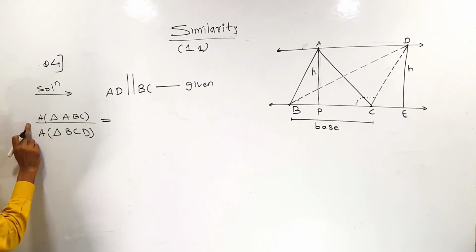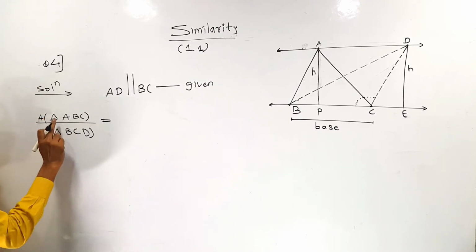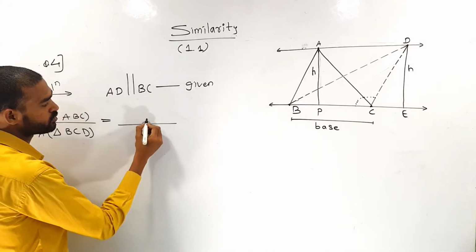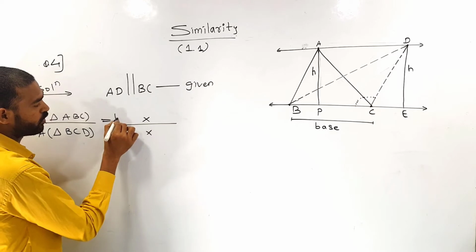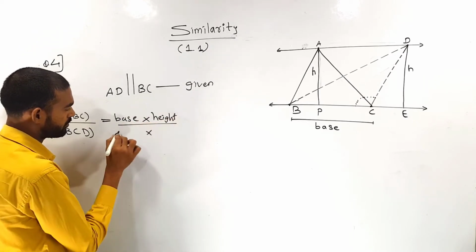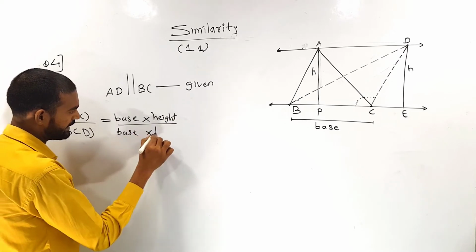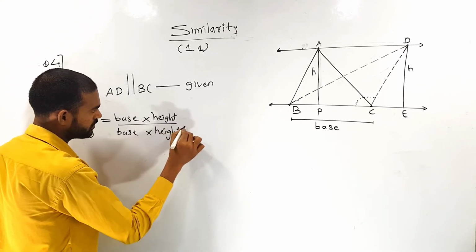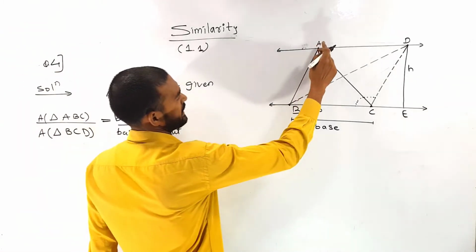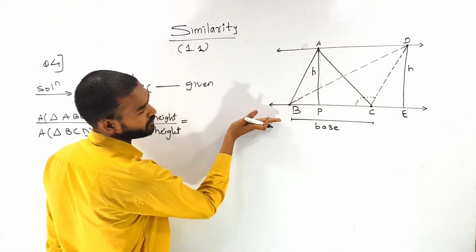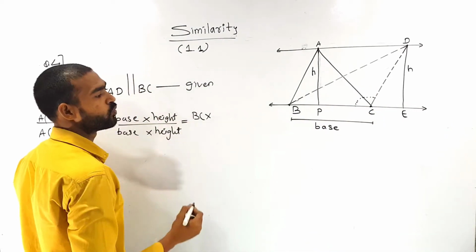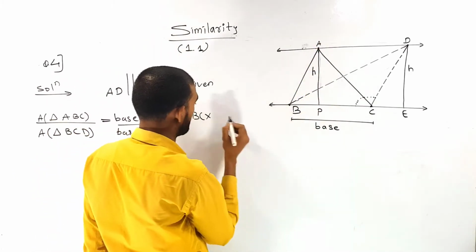Look here. The ratio of areas of two triangles, ABC upon BCD, is equal to the ratio of products of their base and height. Now, what is the base and height of the first triangle? In this triangle ABC, the base is BC, into, what is the height? Height is AP.